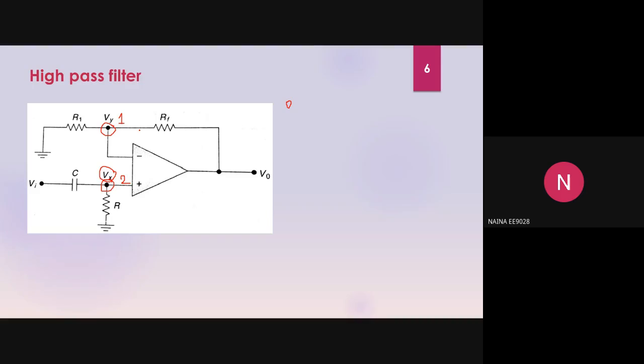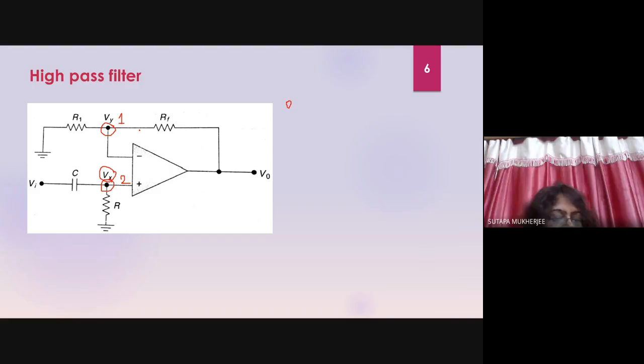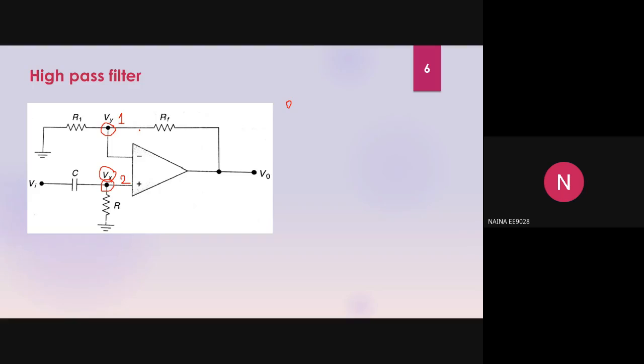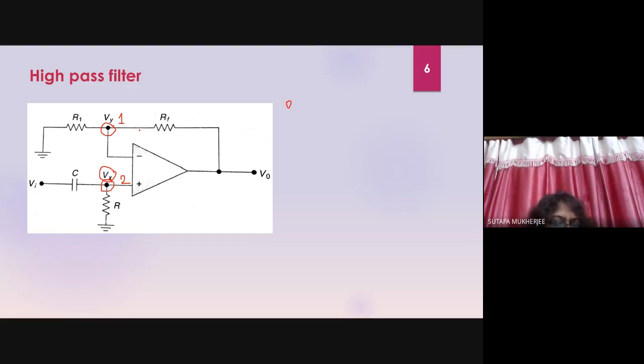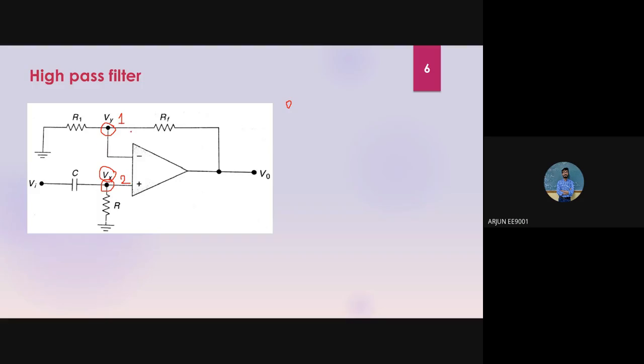R by R plus Xc into Vi. Wait, this capacitance is here now. No. What have you done here? Ma'am, Vx equal to Vi into j omega c divided by 1 by r plus j omega c.